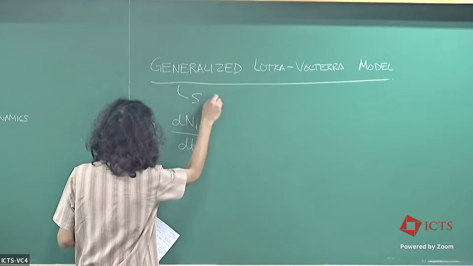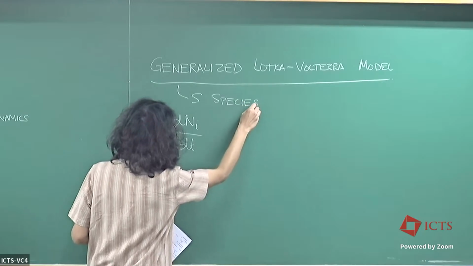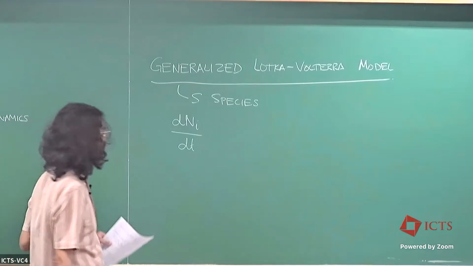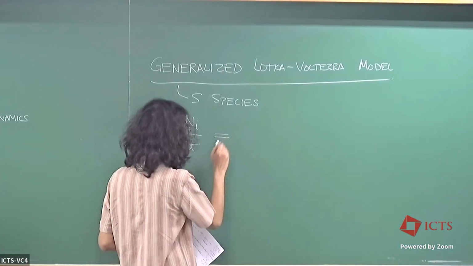So in general, when you have S species, for each species you can write down one equation for the dynamics of its population abundance.